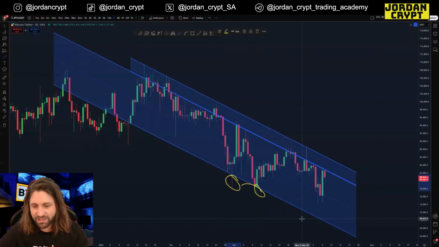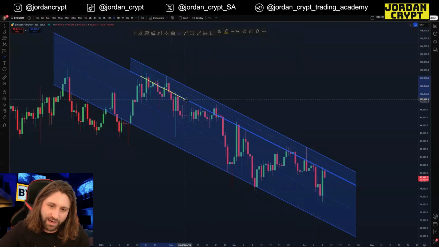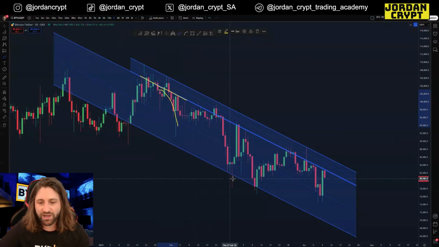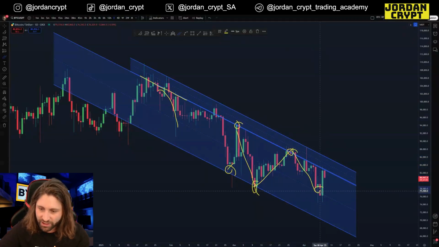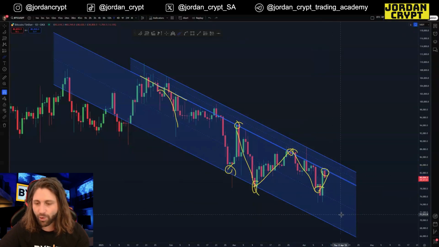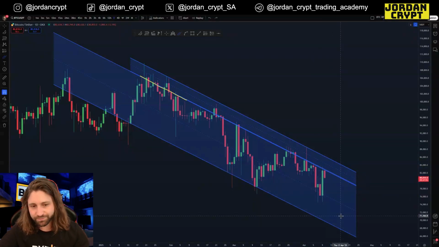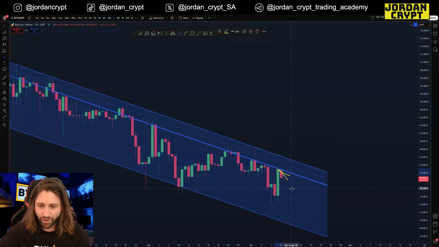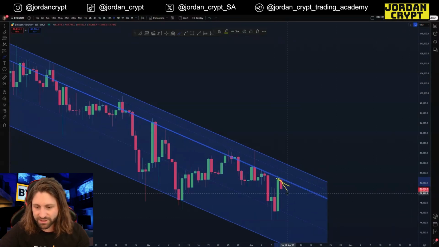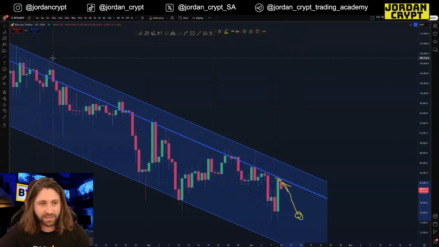Those who have been trading the breakouts have been getting wrecked. Those who have been trading the resistance as shorts and trading the support as longs have, of course, been winning, chicken dinnering. And now on current price action, we can indeed see a rejection taking place from the ultimate resistance back down to our median line.